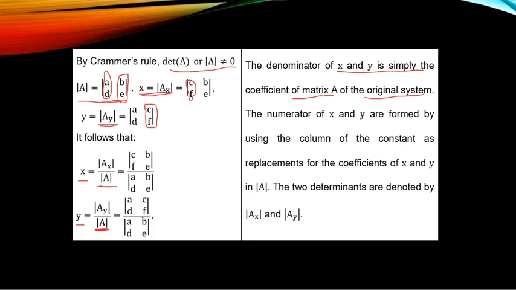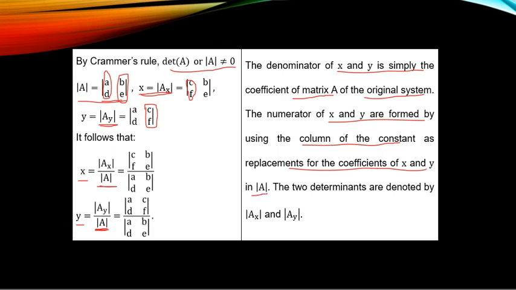That is the denominator. You can see that for S and Y. Then the numerator of S and Y are formed by using the column of the constant as replacements for the coefficients of S and Y in the coefficient matrix.